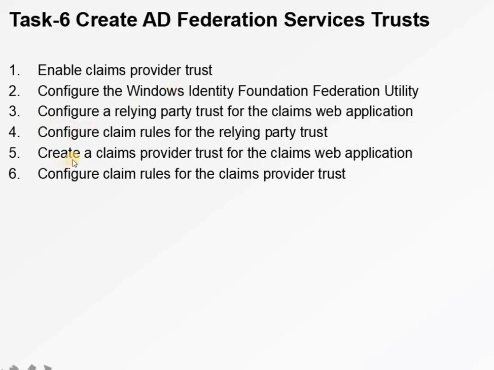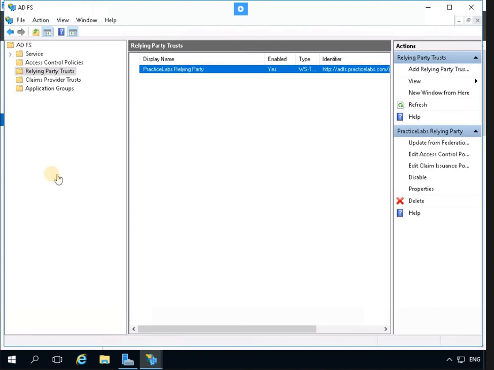The fifth one, how to create a claims provider trust for the claim publication. So a claims provider trust is a setup on the relying party federation server, which is the domain controller, the parent domain controller, practicelab.com organization. Okay.